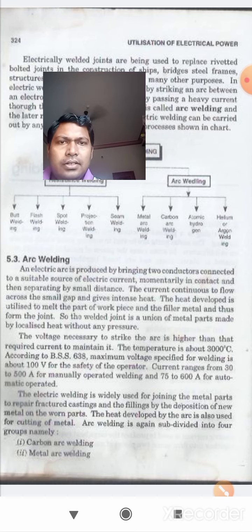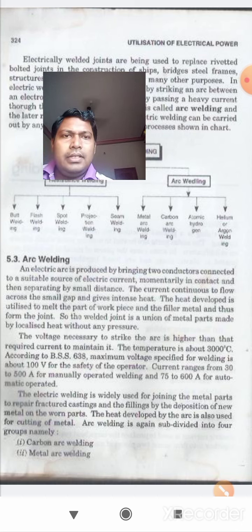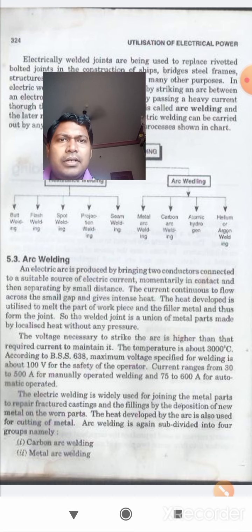Here the current continues to flow across the small gap and gives intense heat. So a huge amount of heat is produced. The heat developed is utilized to melt the part of the workpiece and the filler metal and thus form the joint. So the filler material will be used to form the joint, and this heat will be utilized to melt the metal.